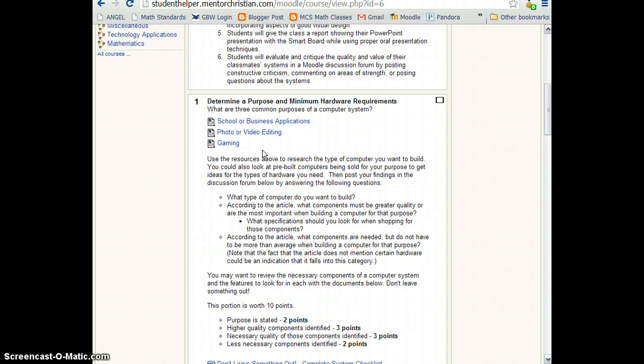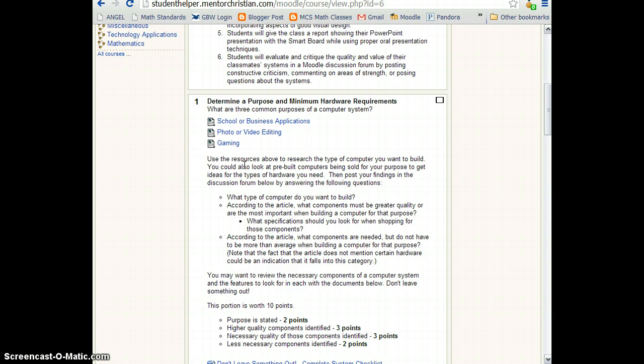Because I didn't require them to get software other than an operating system, they actually had a lot of money. $800 is a lot of money to build your own computer with, particularly for the school or business application. So one thing that I determined that I would do is in the future maybe bump that budget down to about $500 for those doing the school or business computer, and for the photo or video editing or the gaming computers, bump it down to just about $700.